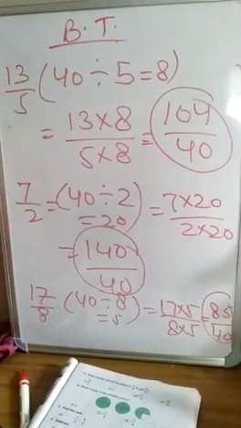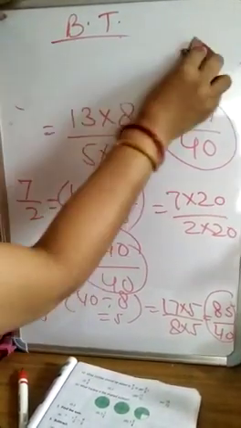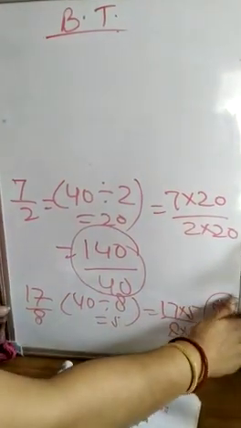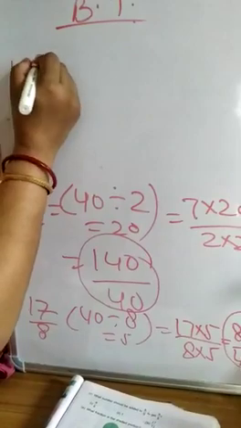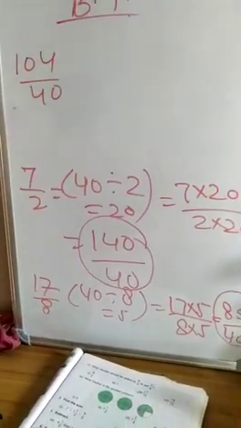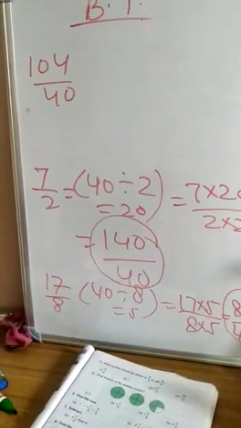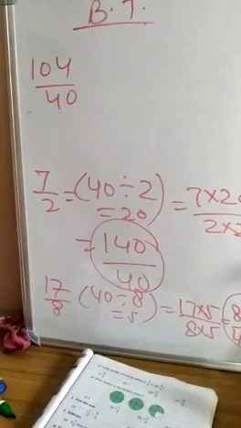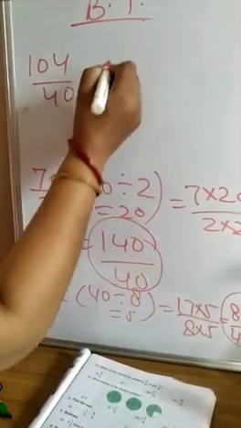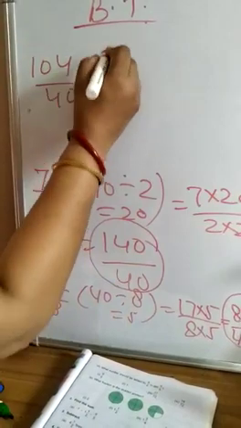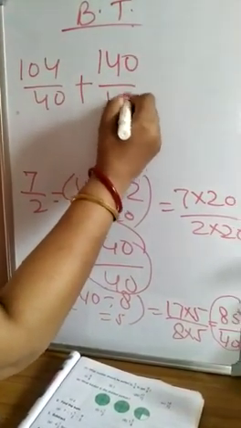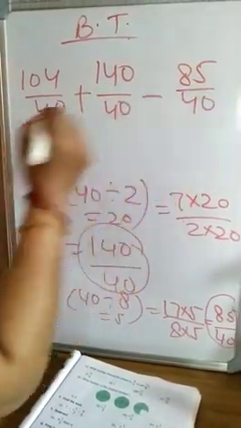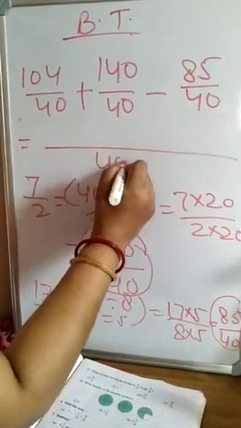So first one is 104 by 40, and second one is plus 140 by 40, and third one is minus operation 85 by 40. Correct? Now here denominators are the same, so I will take the denominator.